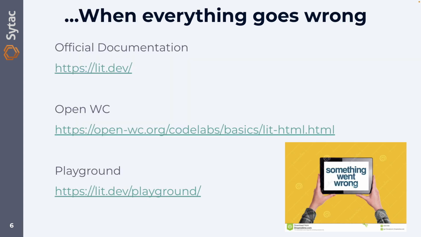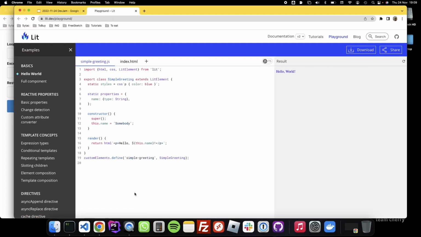So, okay, when everything goes wrong, you have the official documentation, the open web components page, and you, of course, have the playground. So, just for a moment, let me show the playground. I heard that you guys were talking about TypeScript. So this is something really nice.